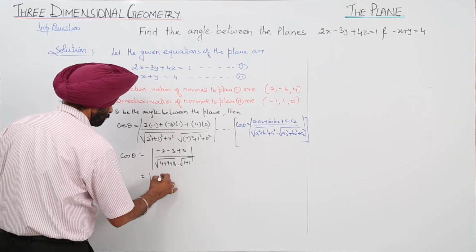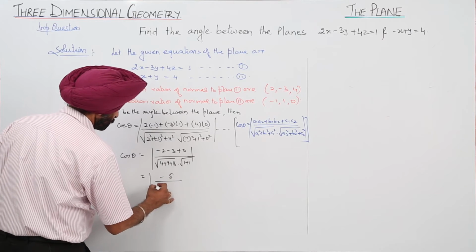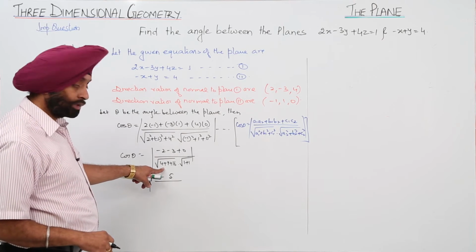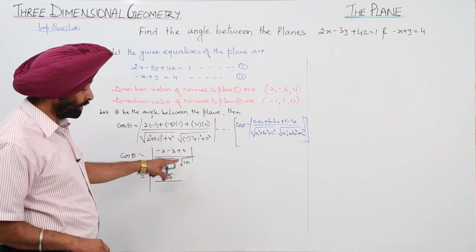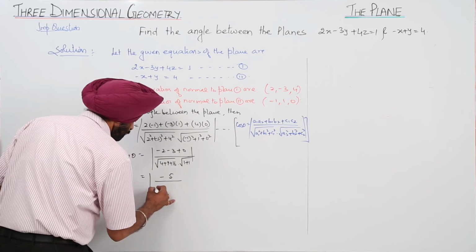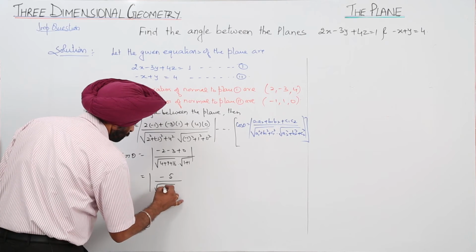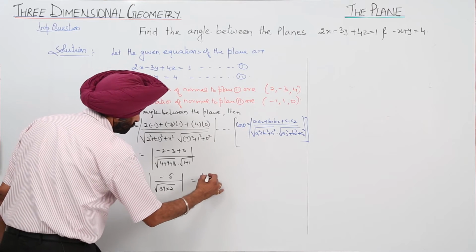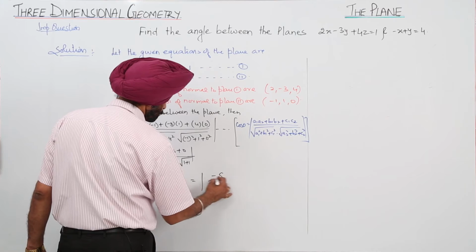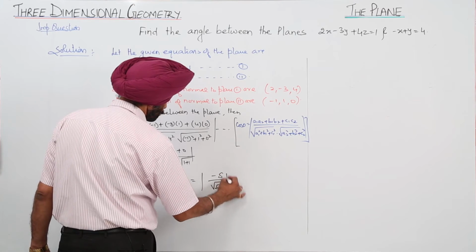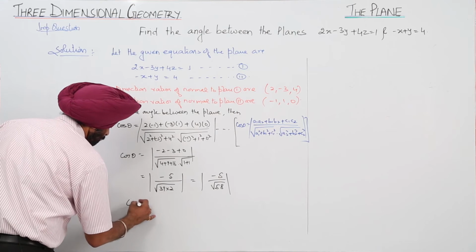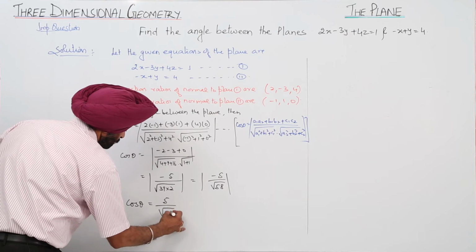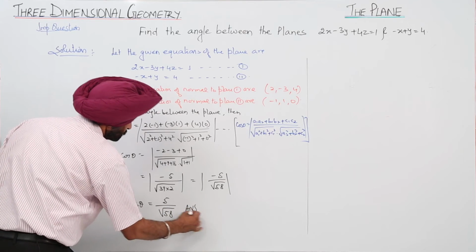So we are having minus 5 upon, now 9 plus 4 that is 13, plus 16 is 29, 29 with 2, so we are having square root of 58, this is equal to minus 5 upon square root of 58, or we can write cos theta is equal to 5 upon square root of 58. This is the answer.